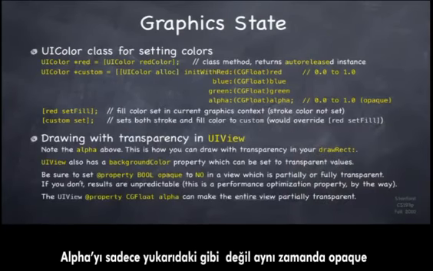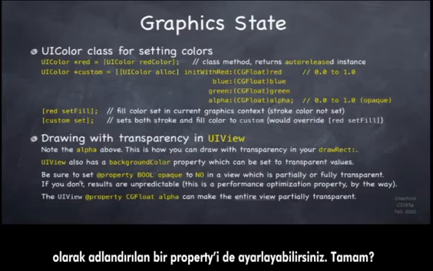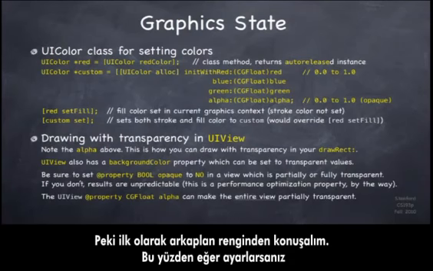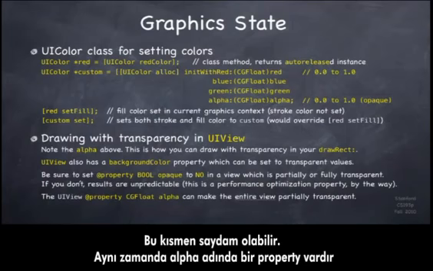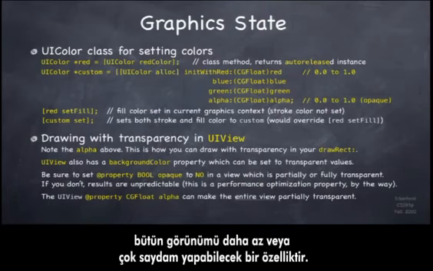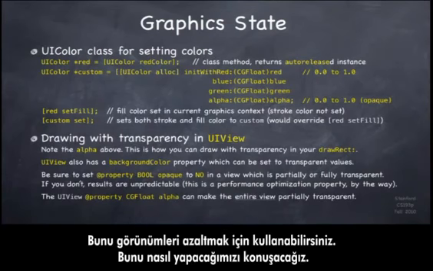So more about drawing with transparency. Not only can you use the alpha, like above, you also can set a view property called opaque, all right? Well, first let me talk about the background color. A view has a background color, which it'll fill itself with if you set it. That can be partially transparent. It also has a property called alpha, which you can set, which makes the entire view more or less transparent. So you can use this to make views fade out over time.